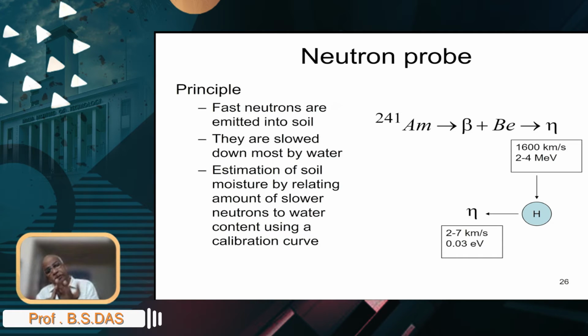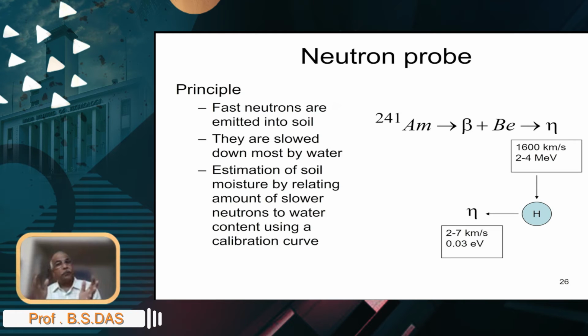Now, in addition to hydrogen, there are other atoms such as carbon, cadmium, and chlorine that are also able to thermalize the fast neutrons, but because their relative number in the soil is less, you could say that mostly it is the hydrogen atom present in the water molecule that is responsible for thermalizing the neutron.